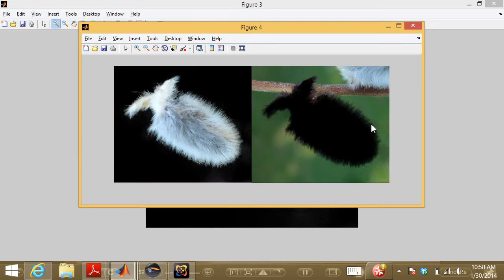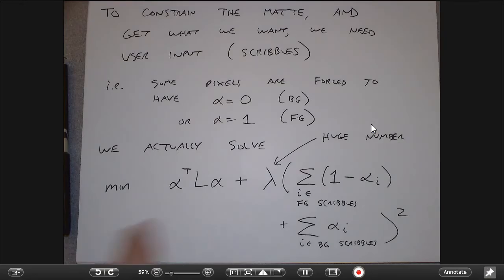And it may be that by adding the scribbles you actually aren't getting a vector that is right in the null space. Instead, you're getting a vector that is as close as possible to the null space as you can get, right? So that's the idea. Under ideal circumstances, the ground truth mat will still be in the null space with L alpha equals 0.